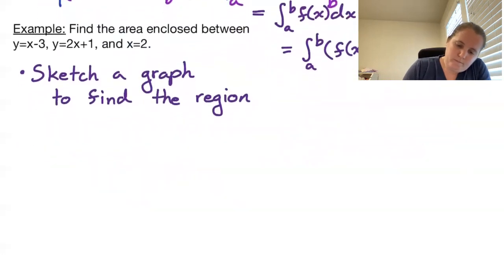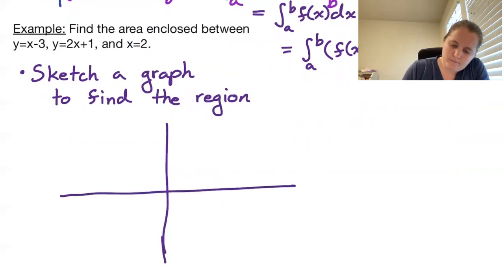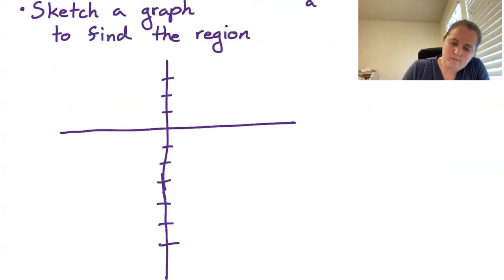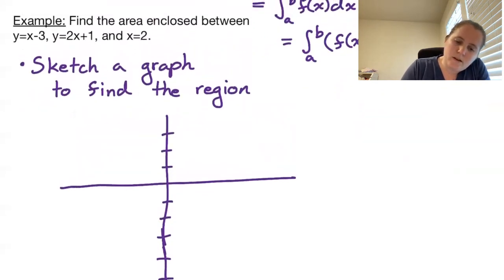So if we draw this graph, y equals x minus 3, we start at -3. And then we're going up with slope 1.